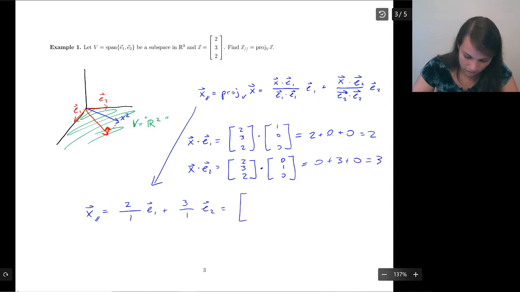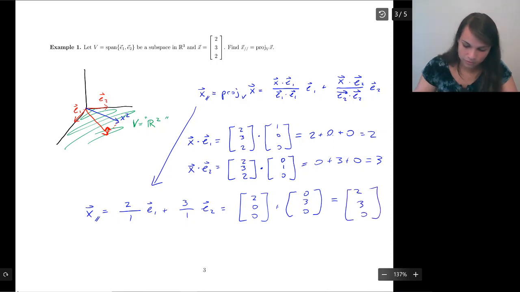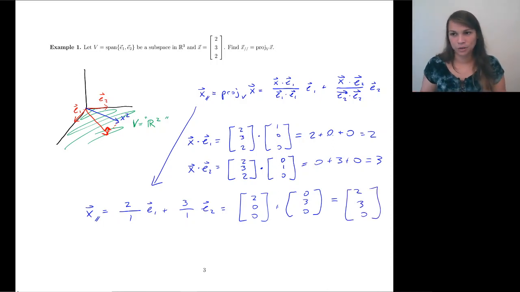So that's going to be (2, 0, 0) plus (0, 3, 0) equals (2, 3, 0). And there you go. So it's x, but with no z component. This is exactly what we wanted to happen. So hopefully that means it's working correctly. Yes, it's working correctly.